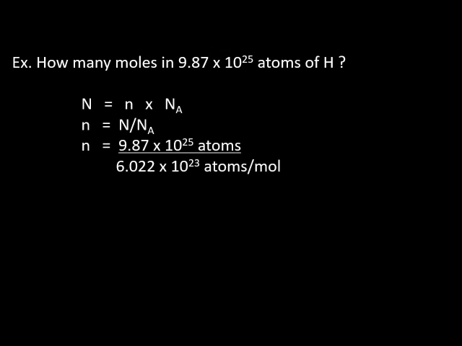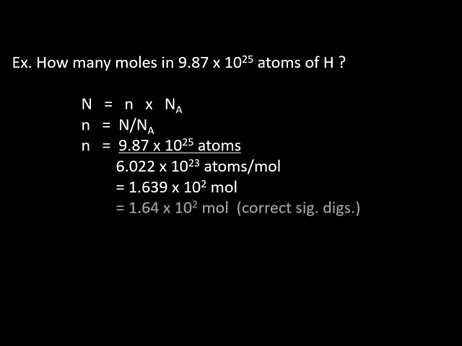And so that works out to 9.87 times 10 to the 25 divided by Avogadro's number. And that is going to work out to 1.639 times 10 to the 2 moles. Again, rounding to 3 sig figs, because the 9.87 is 3 significant digits. And that's 1.64 times 10 to the 2 moles.